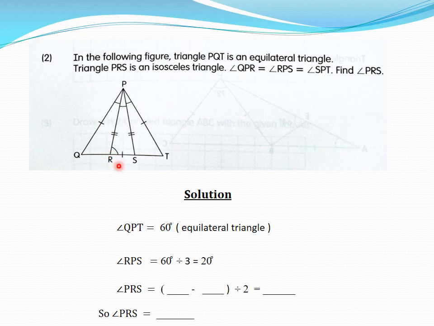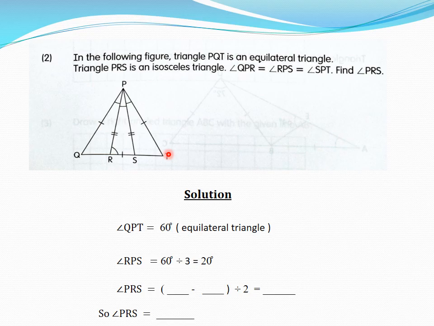Before we find the angle R, we need to think about triangle PQT that we call an equilateral triangle.